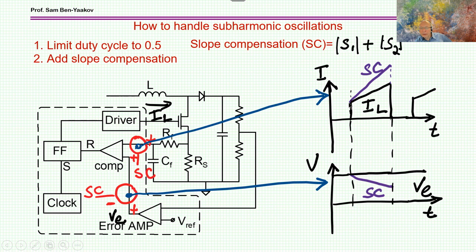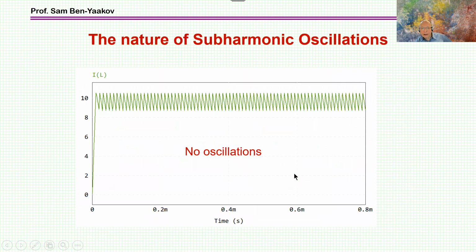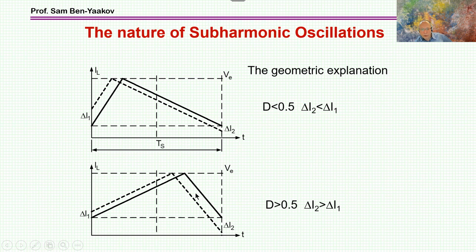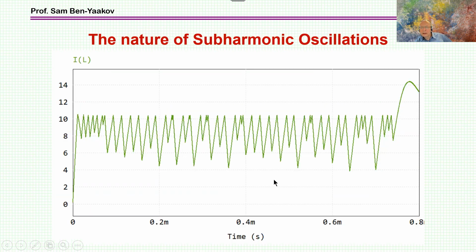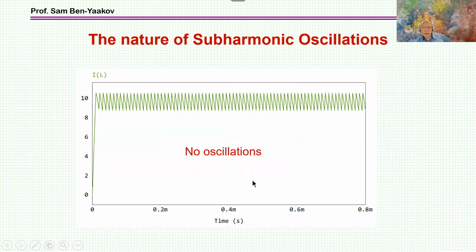If the slope added here is equal to this plus this, then it is like pushing the operation from here back to here by making the slope faster, okay? So this is the solution that is adopted in many, many cases by adding the slope compensation, either externally or internally.